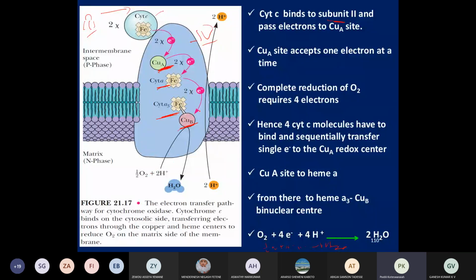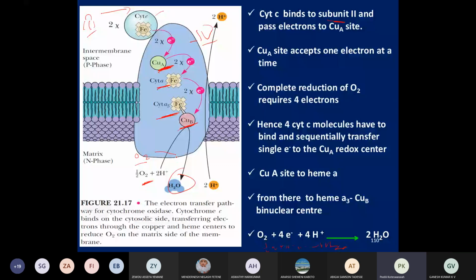When electrons are moved to the binuclear center, oxygen is reduced to water. Complete reduction of one molecule of oxygen needs 4 electrons. Here 2 electrons are required for half O2 to become one water molecule.